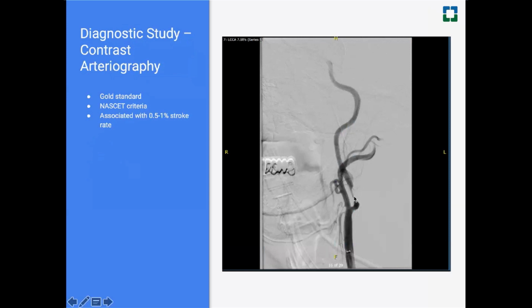The percent stenosis based on the NASCET study, which I'll touch on a little bit later, is done by measuring the distance here, the luminal diameter here, and then compared to the luminal diameter at the first parallel segment of carotid artery seen on the arteriogram.